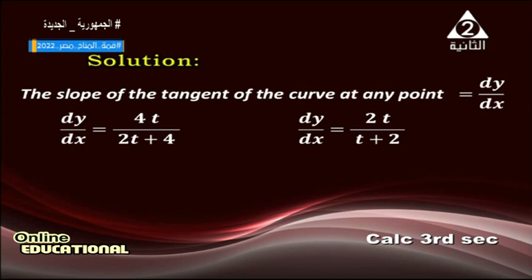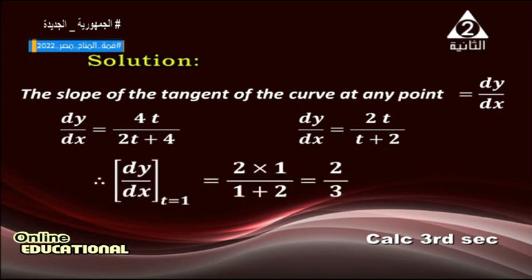Then what is the slope at t equals 1? dy/dx at t = 1 equals 2 times 1 over (1 + 2), which equals 2/3. Now we have the slope of the tangent at t = 1. Now, what is the point lying on the curve?